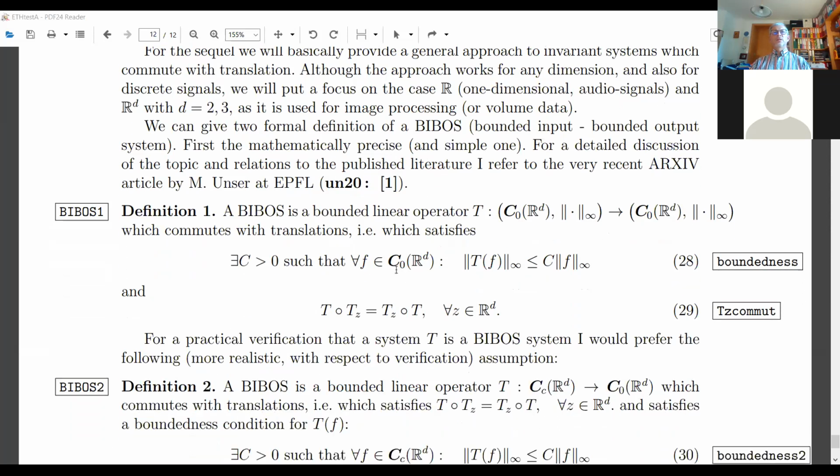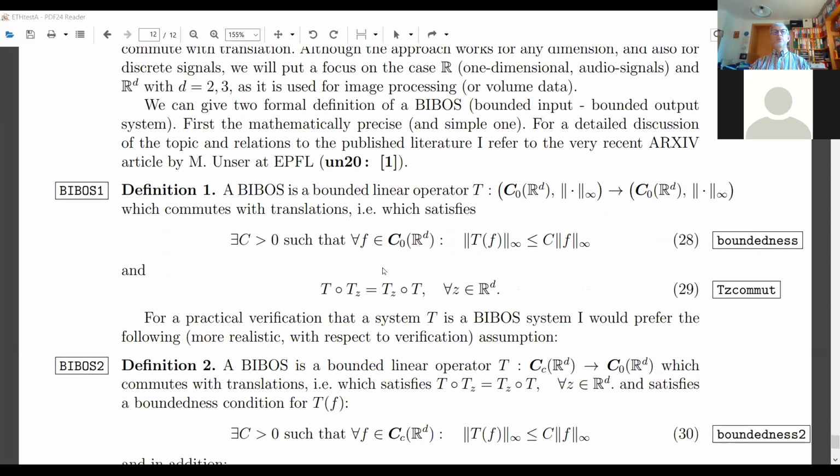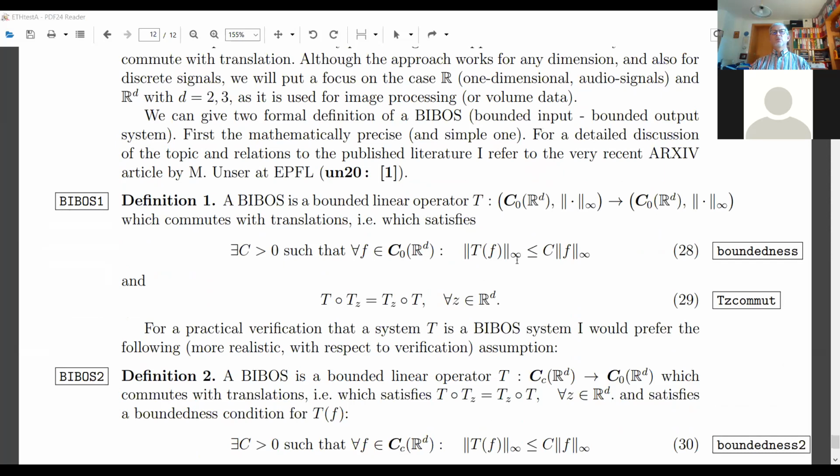So now I'm switching from cubic polynomials to a typical functional analytic setting. Again, I will describe the principles of functional analysis as we go, so you don't have to worry too much. Just recall that we are looking at C0 of R^d. So maybe think of 2D.